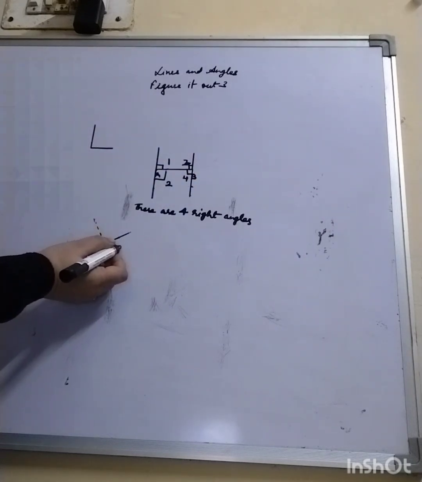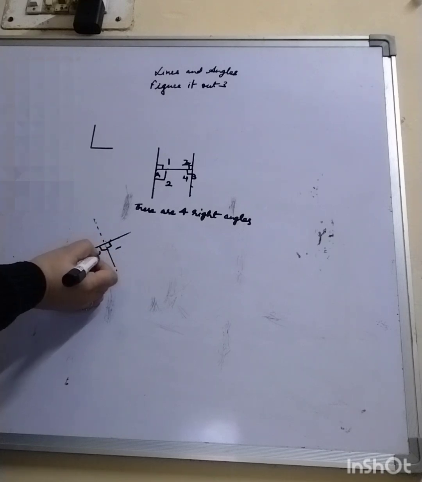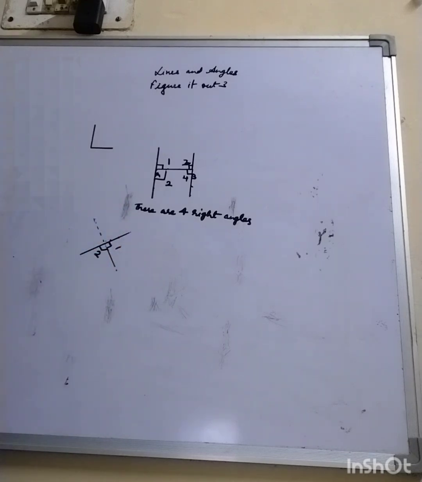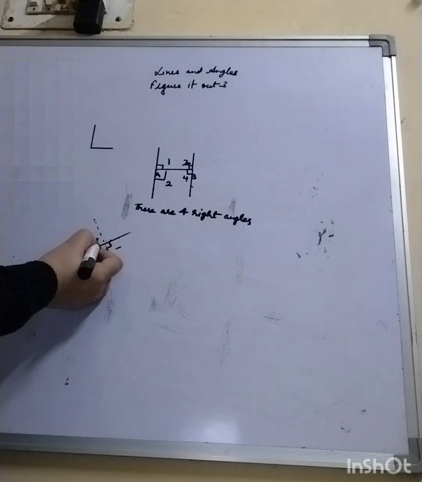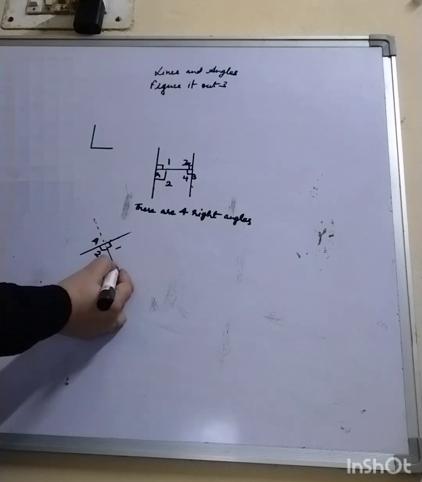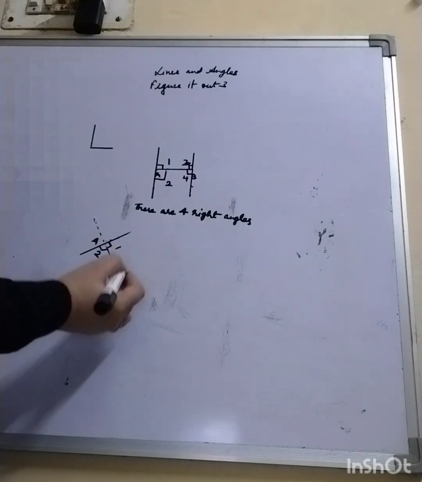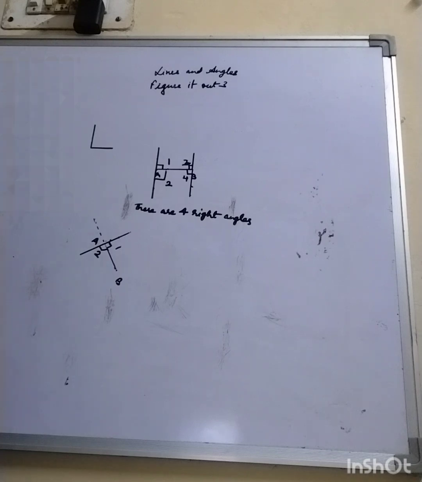So this is one right angle, this is the second right angle, this is at point A, and at point B also. So this is how you get right angles.